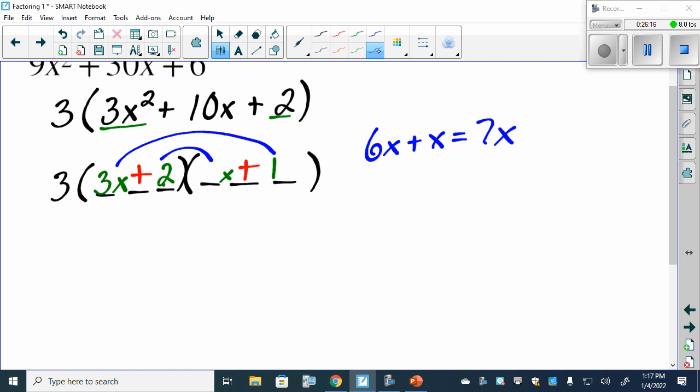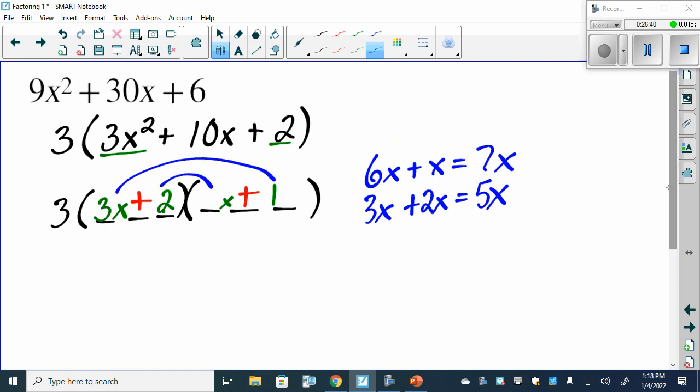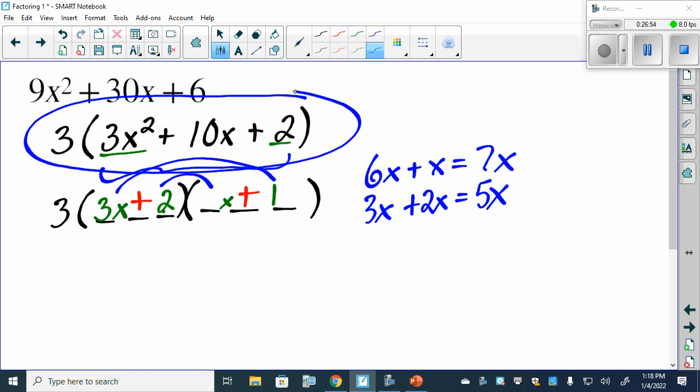And 3x times 1 is 3x. 2 times x is plus 2x, and 3x plus 2x is 5x. Is that what we wanted? Well, I could switch the 3x and x, but that's not really changing anything because it'll give us the exact same setup. So this part here is not factorable. That's as far as we can take it. But it is factorable in the sense that it does have a greatest common factor of 3.